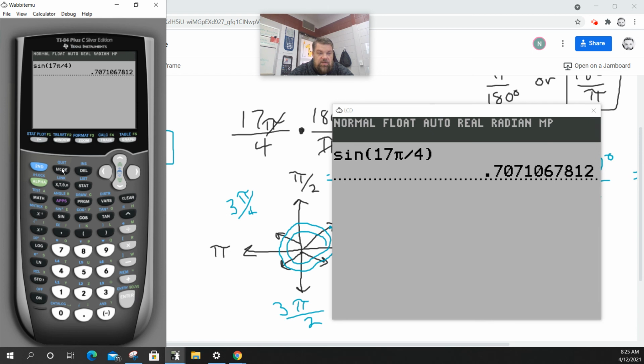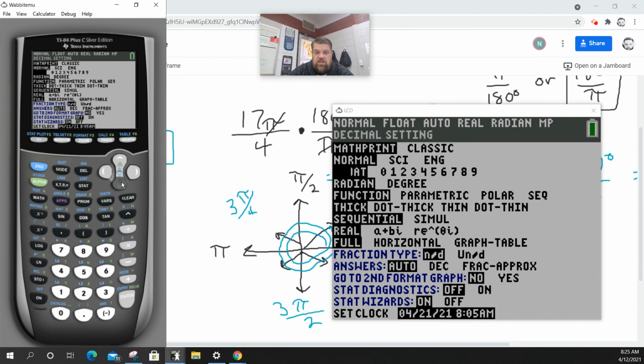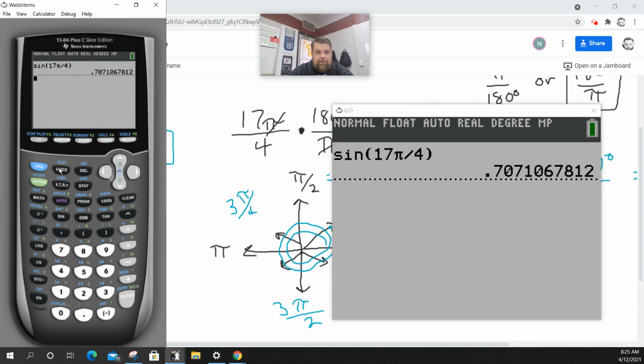So now go to mode, and I change that to degree, and then I quit. If I hit sine of 45 degrees, I should get the same value. And I do.